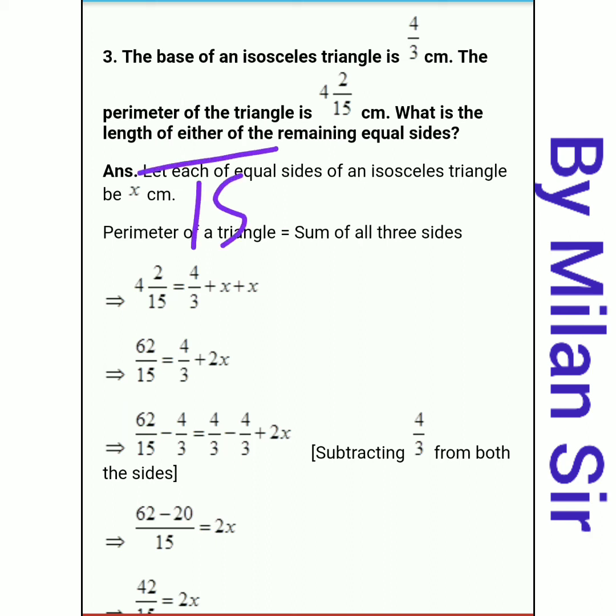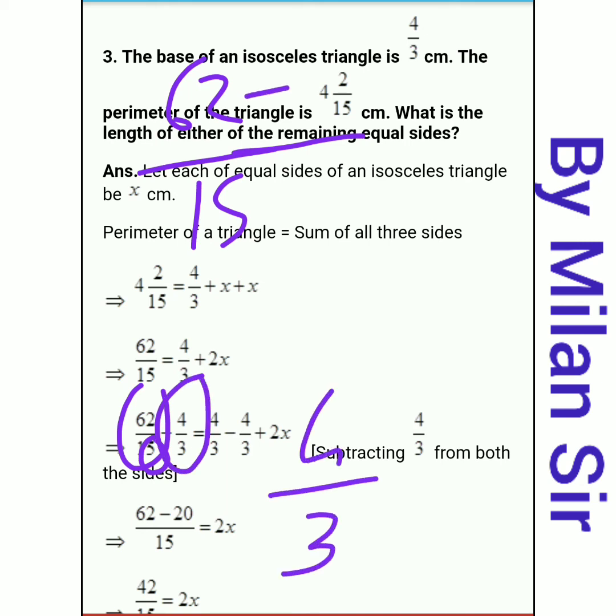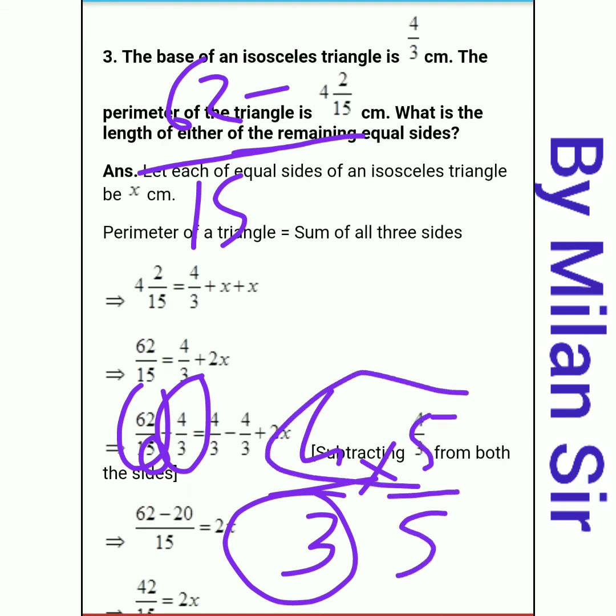So the LCM is 15. In the first term we already have denominator 15, so we directly write the numerator 62 as it is, then the subtraction sign. In the second term we have 4/3. How can we convert the denominator into 15? 3 fives are 15, so we do the same in the numerator: 4 fives are 20.